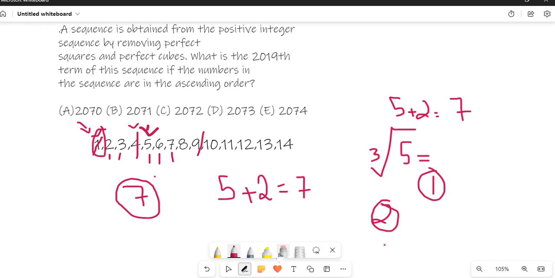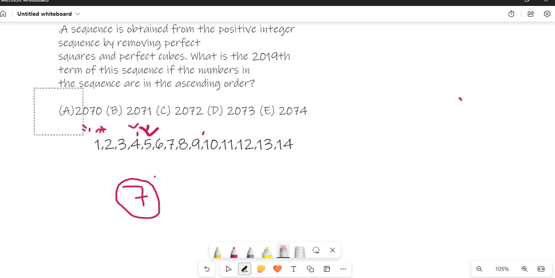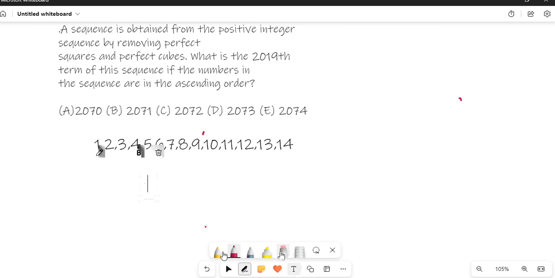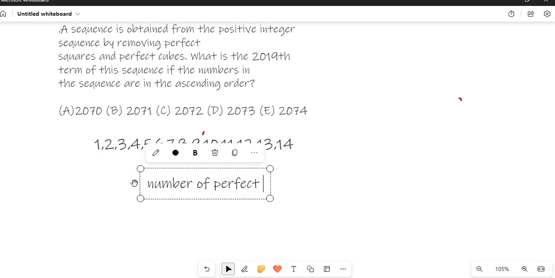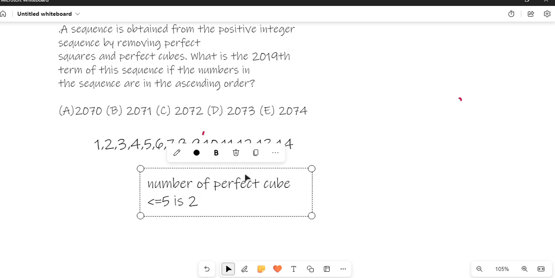Now I will formally solve it. The number of perfect cubes less than or equal to 5 is, sorry, this is 1.